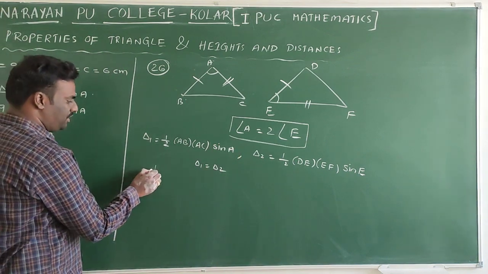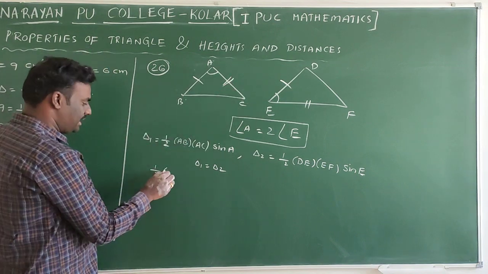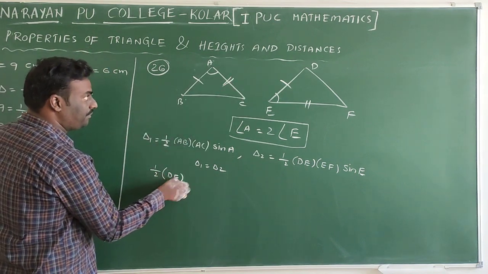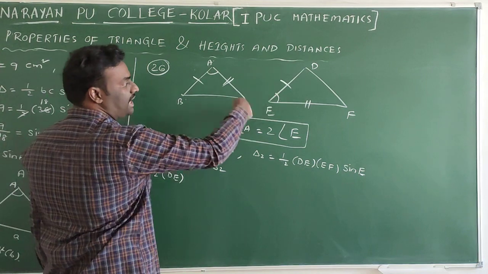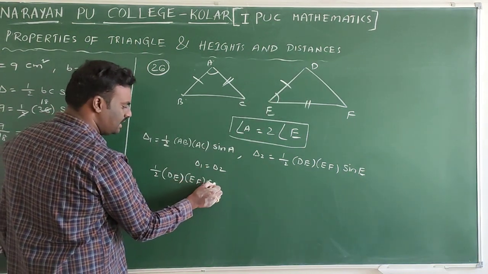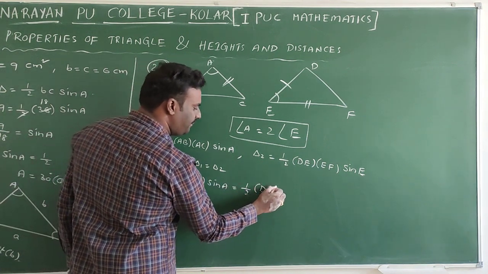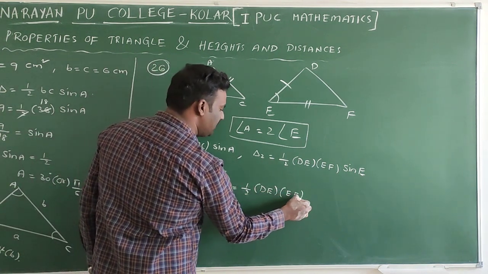Now, in place of AB I can write DE directly, in place of AC I can write EF. Half into AB AC sin A equals half into DE EF sin E. Later I will simplify.